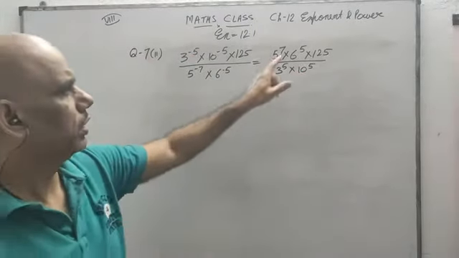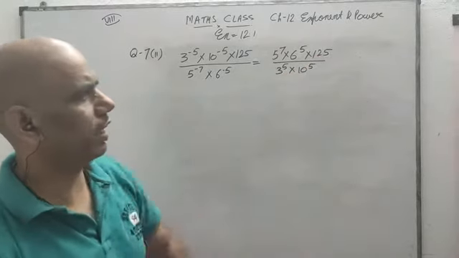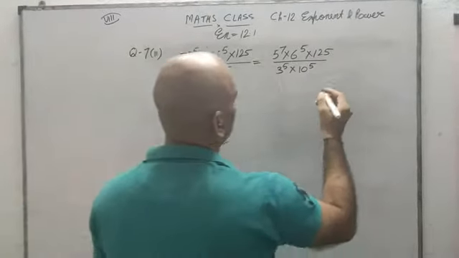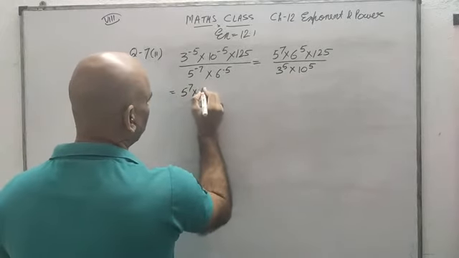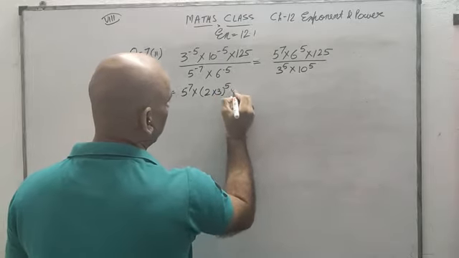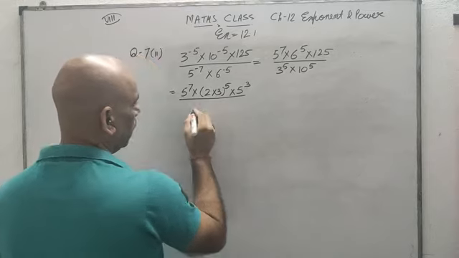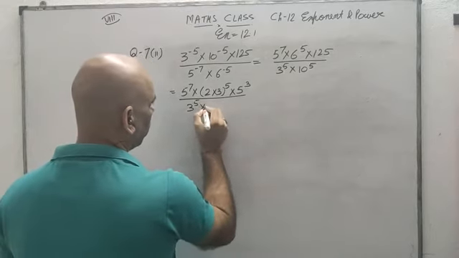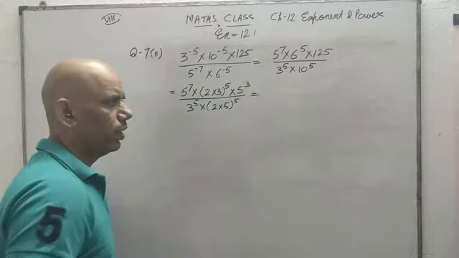Now what, the factors of 6, the factors of 125 and the factors of 10, the factors of all three. Okay. So 5 to the power 7, 6 will be written as 2 into 3 to the power 5, 125 will be written as 5 to the power 3, 3 to the power 5, or 10 will be written as 2 into 5 to the power 5.